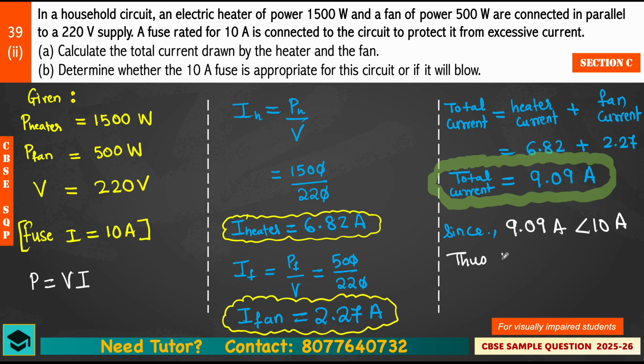So the 10 ampere fuse is appropriate for the circuit, it will not blow out as it is within the fuse capacity.